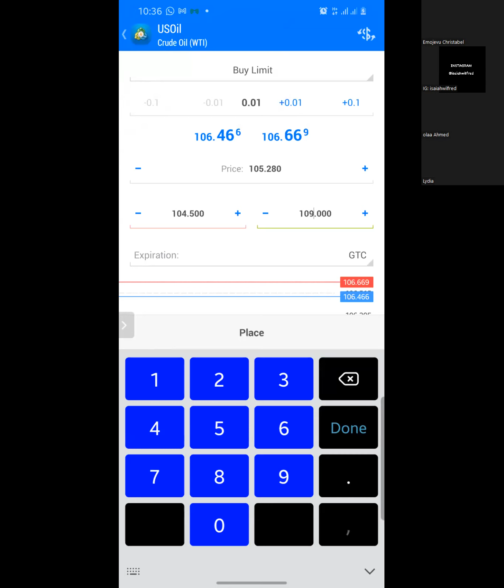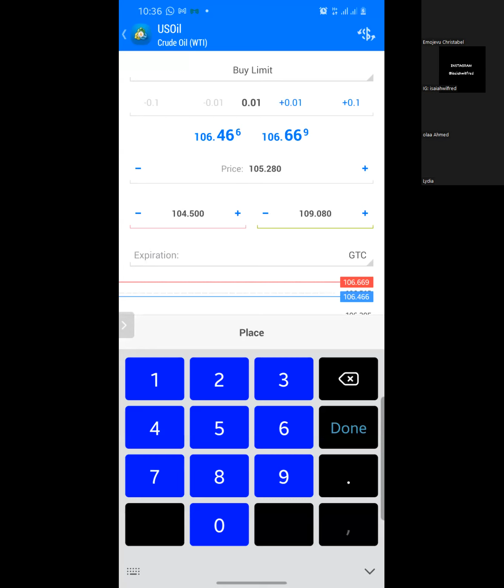You can see it's back because 109.080 is above market price. Anywhere below the market price, you can't set your TP if you're buying. The TP has to be above. So if you have everything set up like this, just click on place.